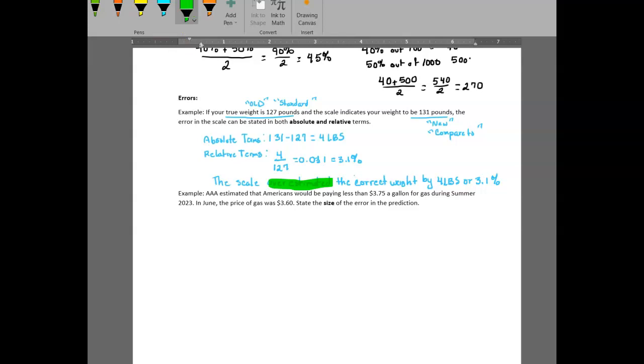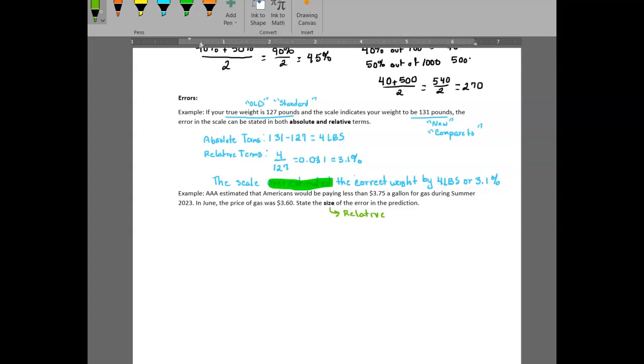So another example, the AAA estimated that Americans would be paying less than $3.75 a gallon of gas during the summer of 2023. In June, the price of gas was $3.60. Thank goodness it wasn't $6. State the size. Now, keep in mind, size means relative. So we want it in relative terms.